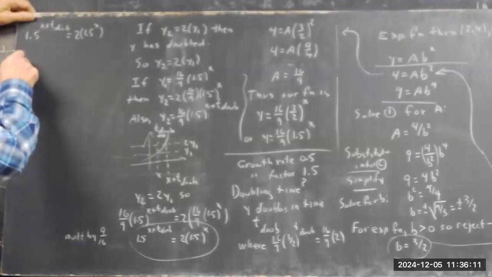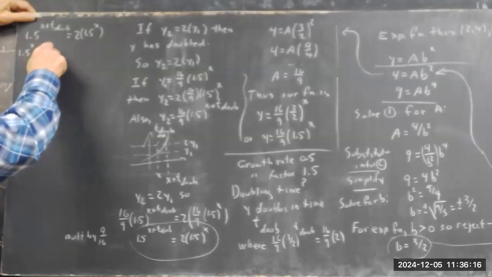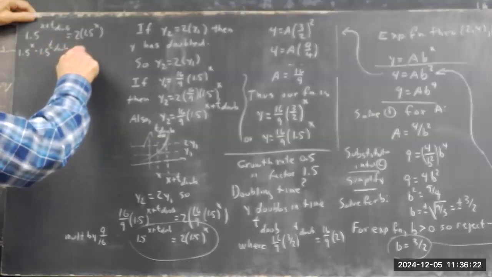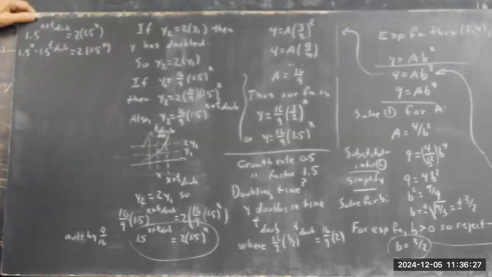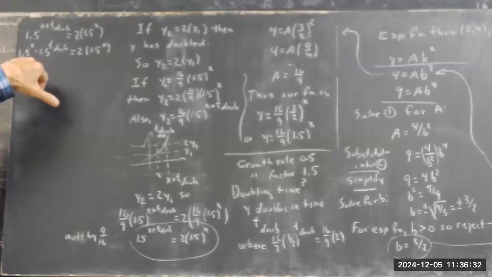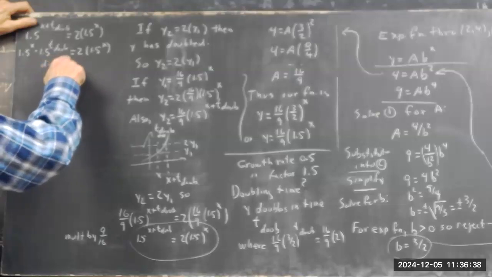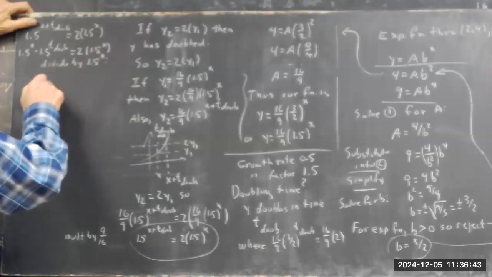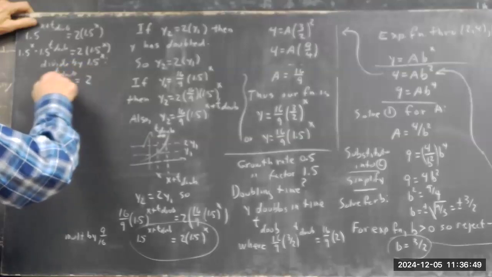1.5 to the x plus t dub is 1.5 to the x times 1.5 to the t dub. If we divide both sides by 1.5 to the x, it goes away. You get 1.5 to the t dub equals 2.